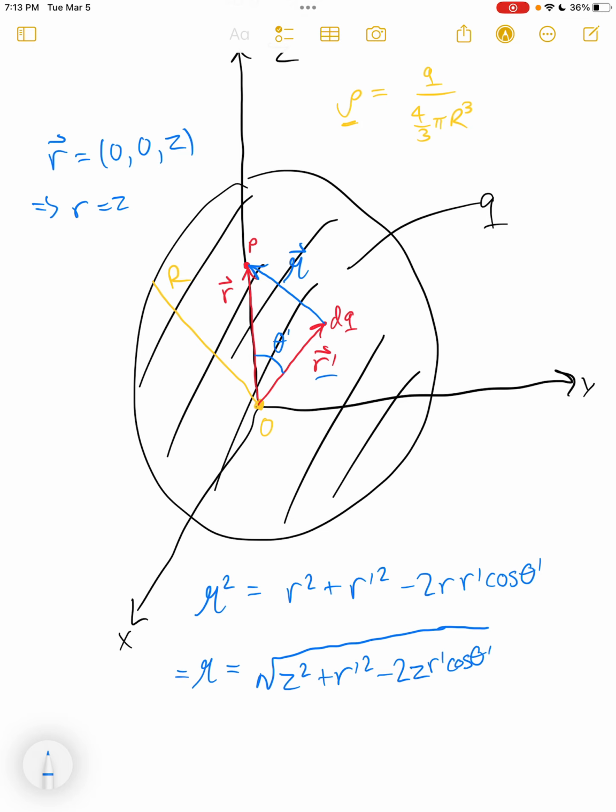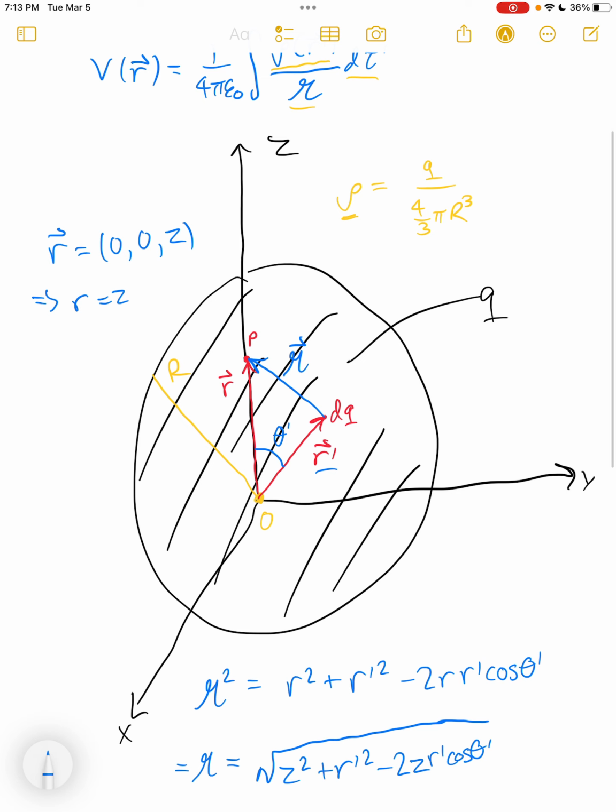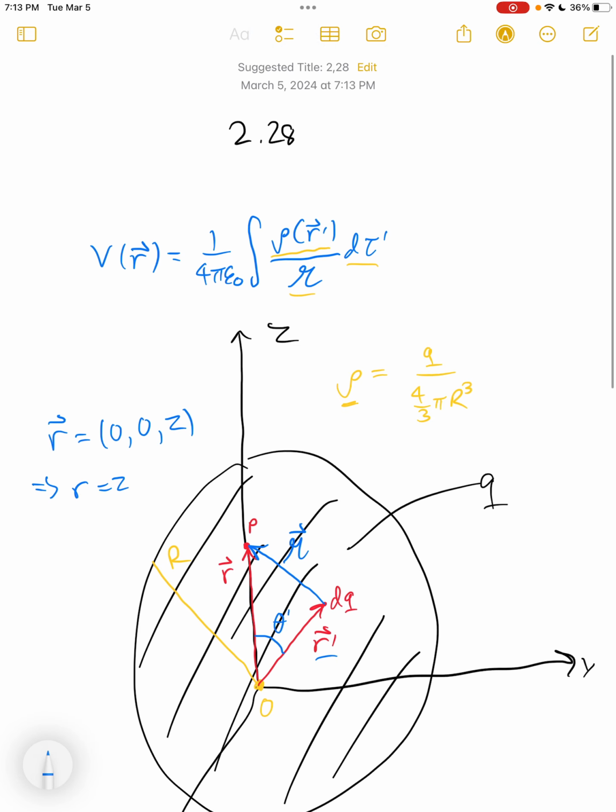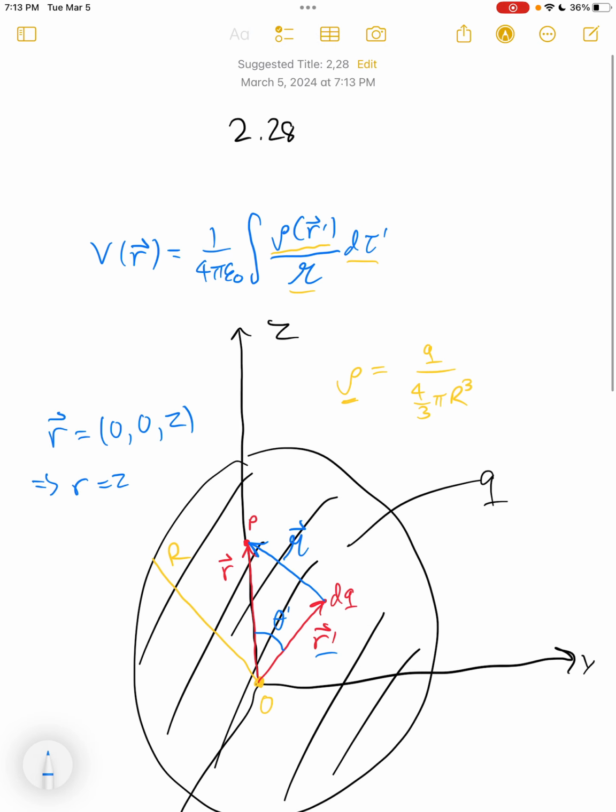Okay. So now what we need to do is define d tau prime. I'm going to write d tau prime a little differently than it usually is written. I'm going to put the d theta prime here, dr prime, then d phi prime.